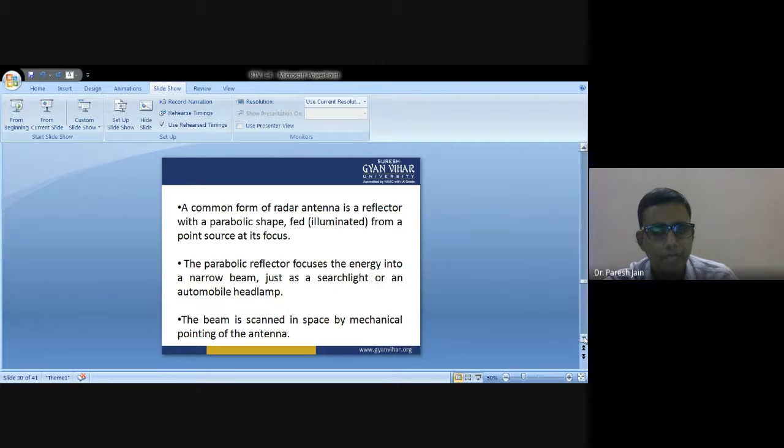So in the pulse type of radar, generally we use parabolic reflector antenna, because the gain of parabolic reflector antenna is very high, and the range of the parabolic antenna is also good. The beam is scanned in space by mechanical pointing of the antenna.